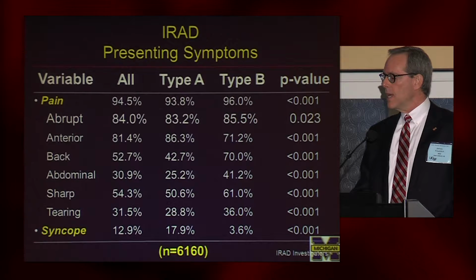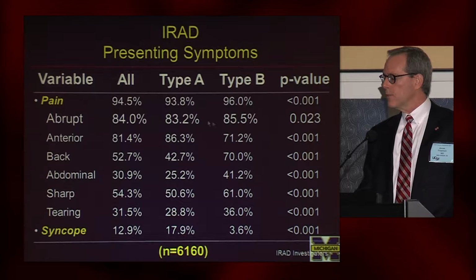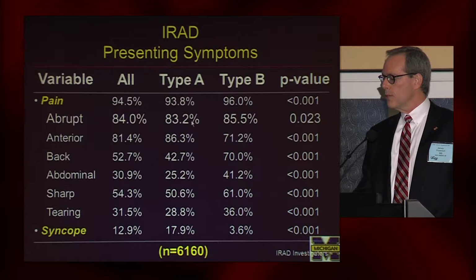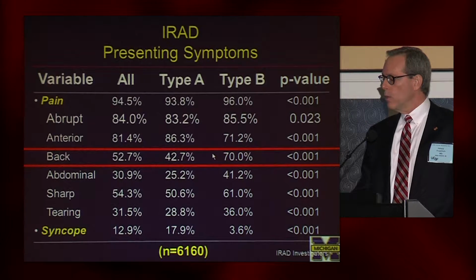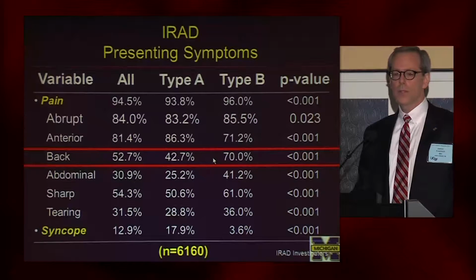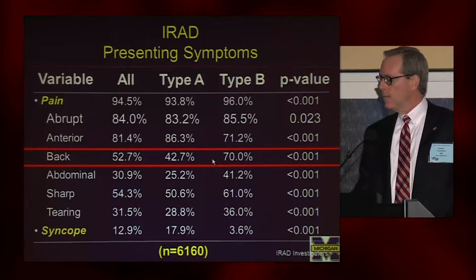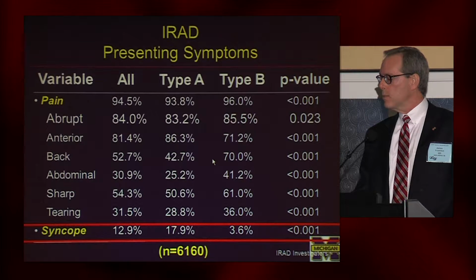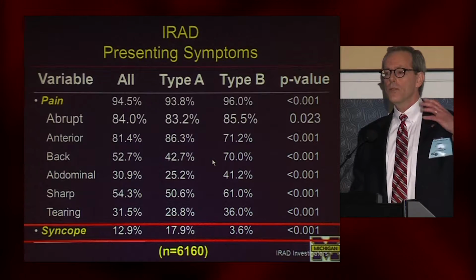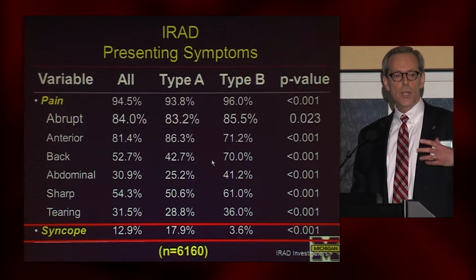As far as presentation, there are only minor clinical differences. Almost all our patients have pain. In terms of where they have the pain, one striking difference between type A's and type B's is that type B's are much more likely to have back pain. And as you would expect, the type A's are more likely to have central symptoms such as syncope.